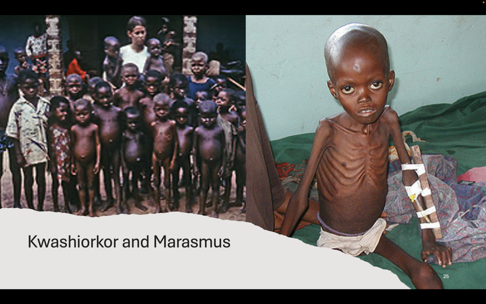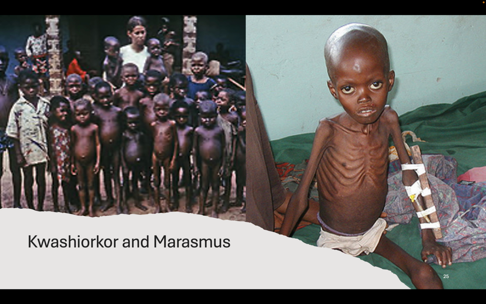Kwashiorkor and marasmus. Kwashiorkor happens a lot in third world countries, very rarely in the United States, although I did see one case of it at a facility where I worked, and we of course had to have a group meeting with everyone to make sure that that was appropriately identified.